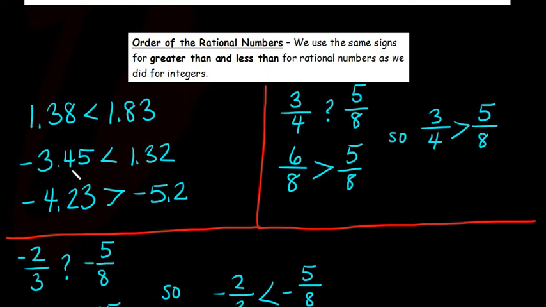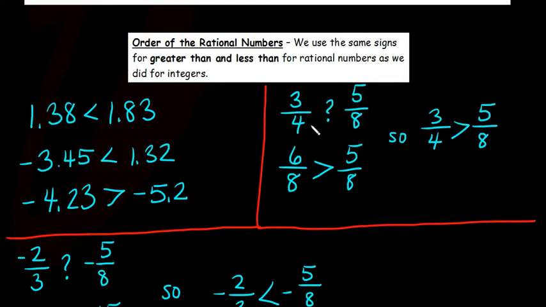Negative 3.45 is less than 1.32. This is on the negative side of the number line. This is on the positive side. Negative 4.23 is greater than negative 5.23 because on the number line, negative 5 is further to the left than negative 4 is. So it's going to be smaller.